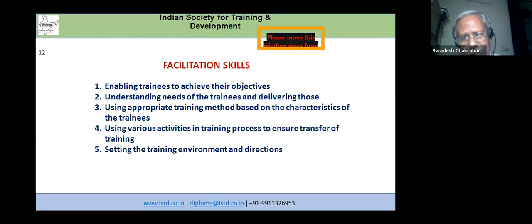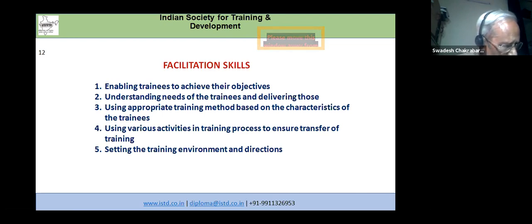One of the components of facilitation skill. The second component is understanding the needs of the trainees and delivering those. Now, a good trainer should be able to understand what is the need of the trainees.